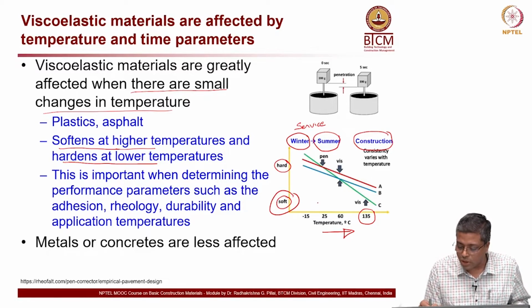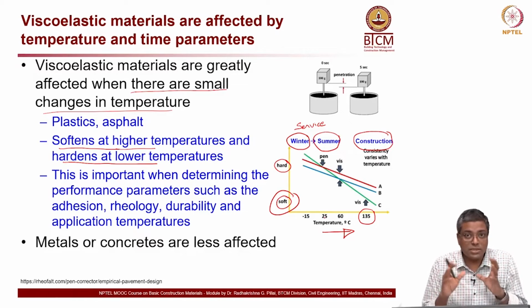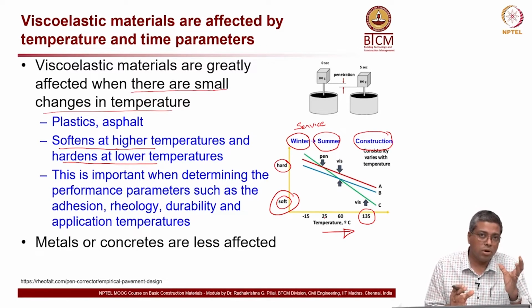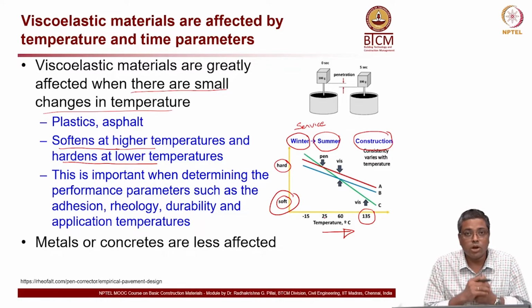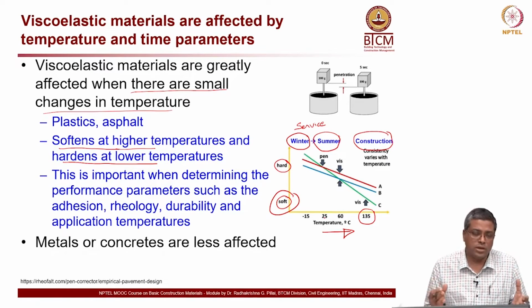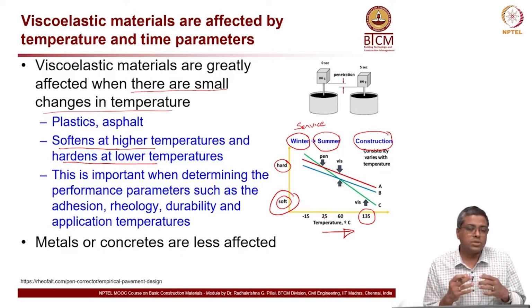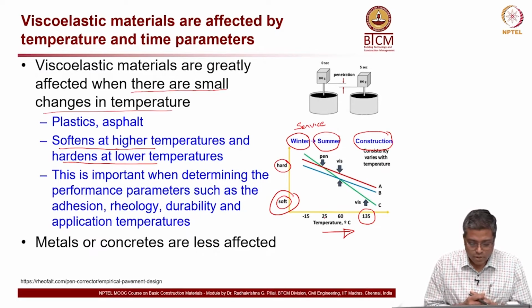You will have to look at the temperature range in service, and whether the material has sufficient viscosity in that range. Okay. It should not be very fluidy, it should be viscous enough so that it doesn't flow easily.